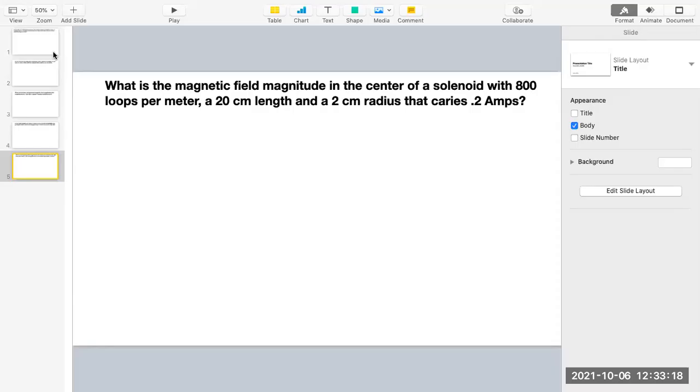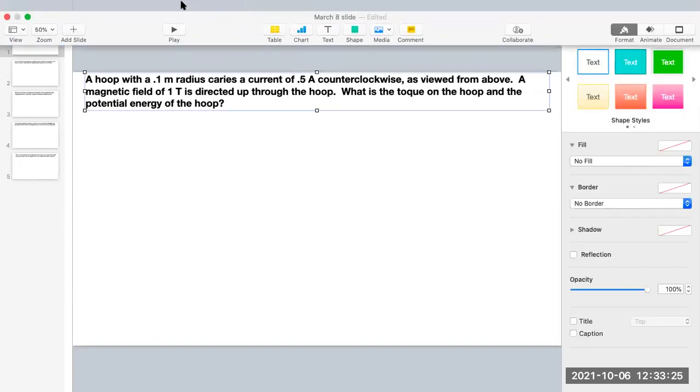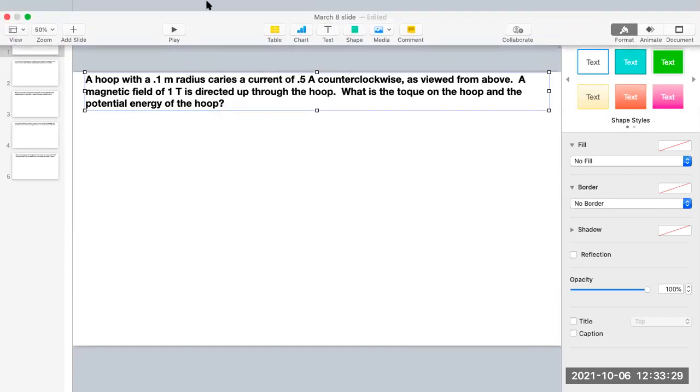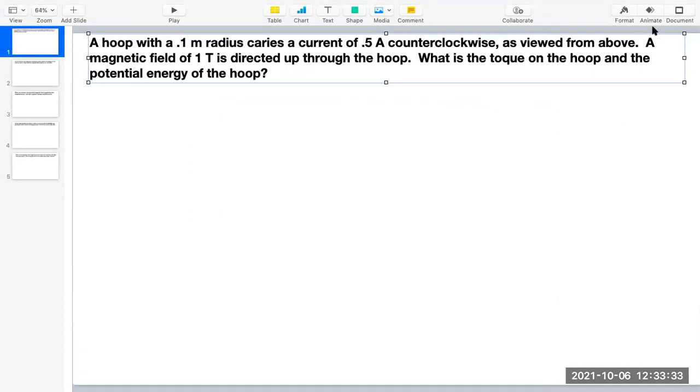So just something to recap what we were doing last time and build off of. Right, a current loop.